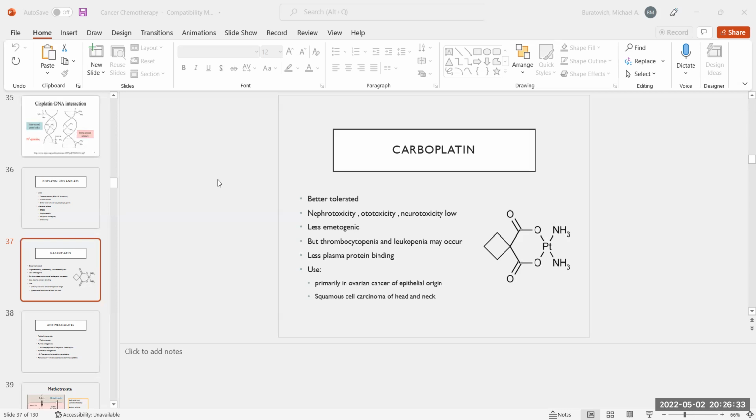The triphosphorylated form can also get incorporated into DNA polymerase and block DNA synthesis. Gemcitabine is used for pancreatic cancer, non-small cell lung cancer, ovarian cancer, bladder cancer, and non-Hodgkin's lymphoma.